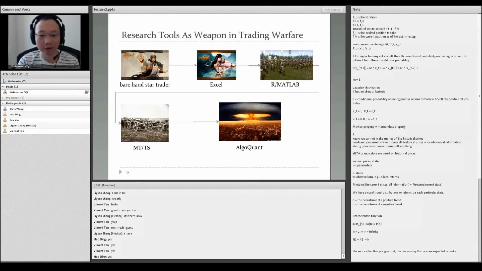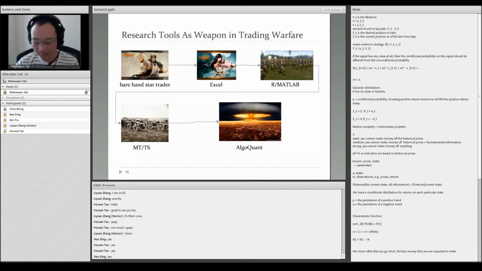But as technology evolved, you have Excel, so you start programming up your models in Excel. So you do it faster than the guy who sits next to you, even though he's smarter, right? But you do it faster because you have technology. And then you have R and MATLAB that can do mathematical programming significantly better than Excel, because they have a huge amount of libraries that you can call.